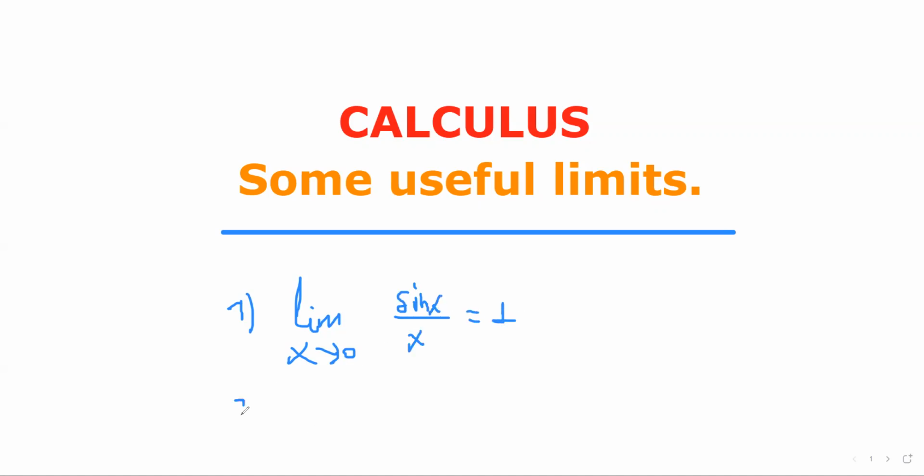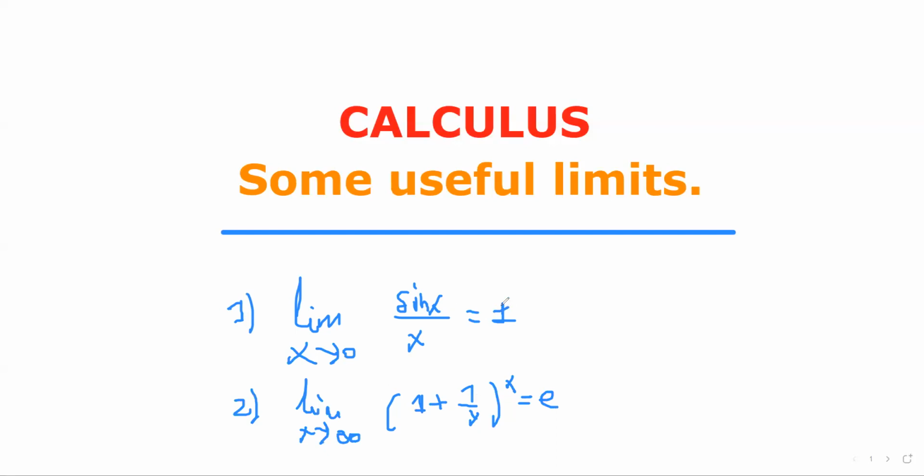And the second limit is the limit as x tends to infinity of (1 plus 1 out of x) to the power x, which equals the number e. So both of these limits are useful. They are called wonderful limits. So most limits come down to the use of these two formulas.